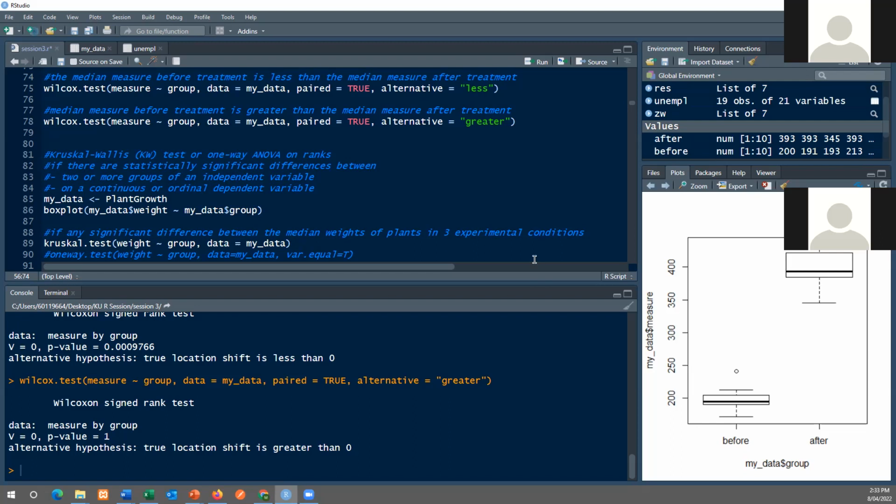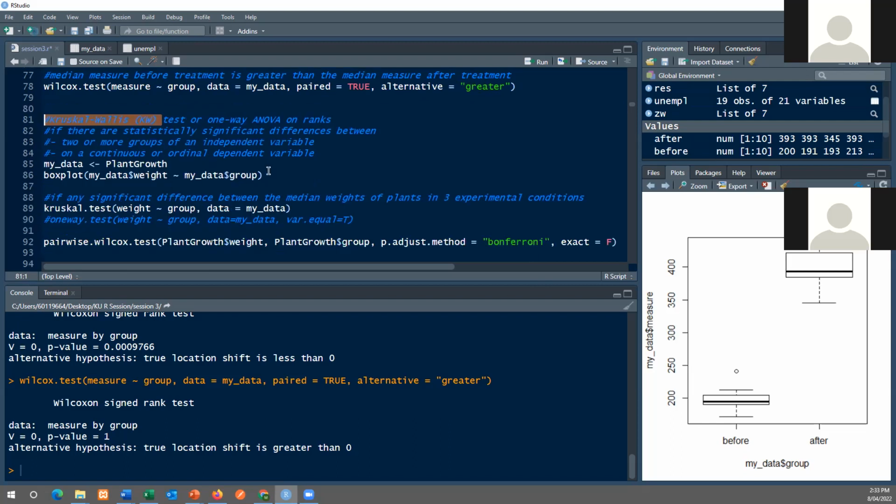But in a similar scenario where the data is not normal and we don't have a parameter, we have a test called the Kruskal-Wallis test, the KW test, which is a non-parametric version of ANOVA.